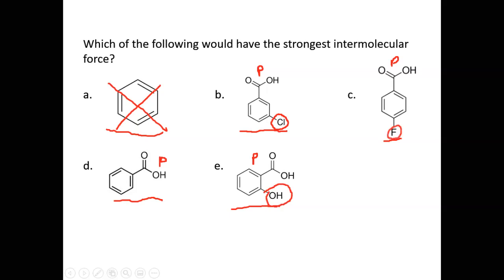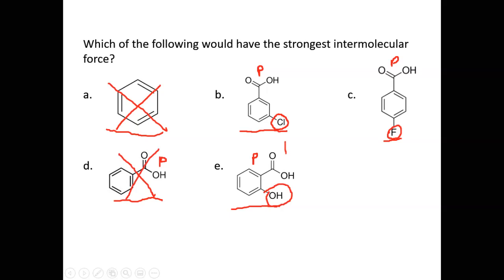So all of these have additional substituents on them. So we know that one of these three is going to be the strongest. We can knock off benzoic acid because it doesn't have any substituents on it to enhance its intermolecular forces. So now we've got chlorine, fluorine, and a hydroxyl.